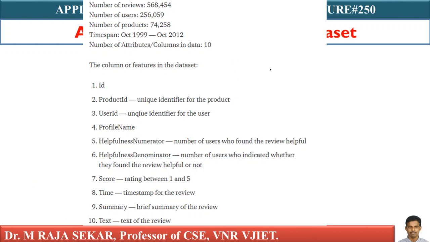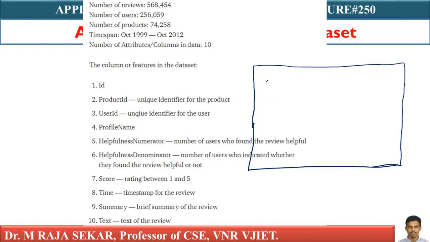I can treat this as a table. In this table, how many rows are there? There are 5,68,454. Each review is a row.